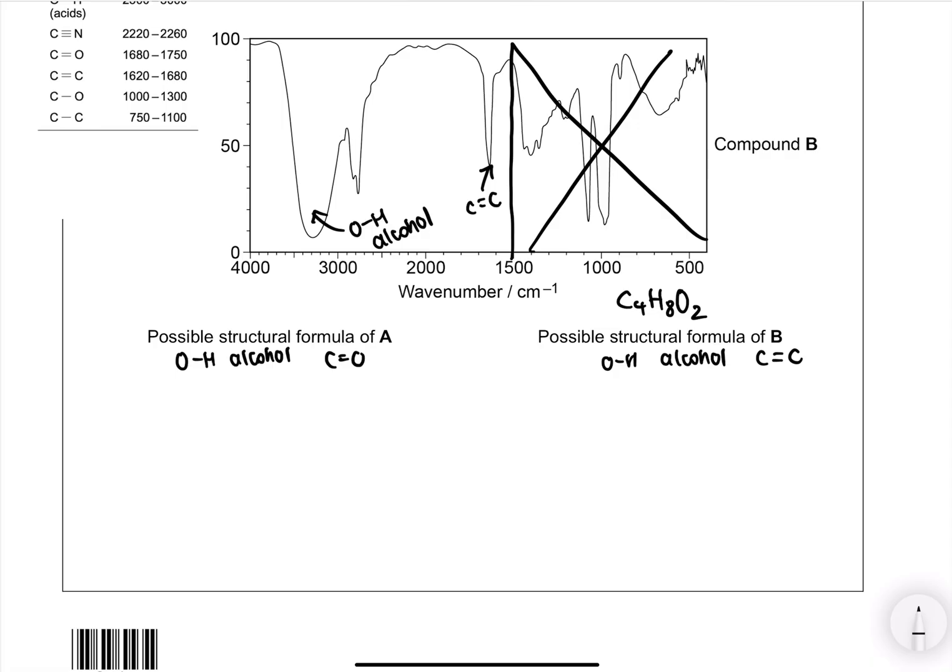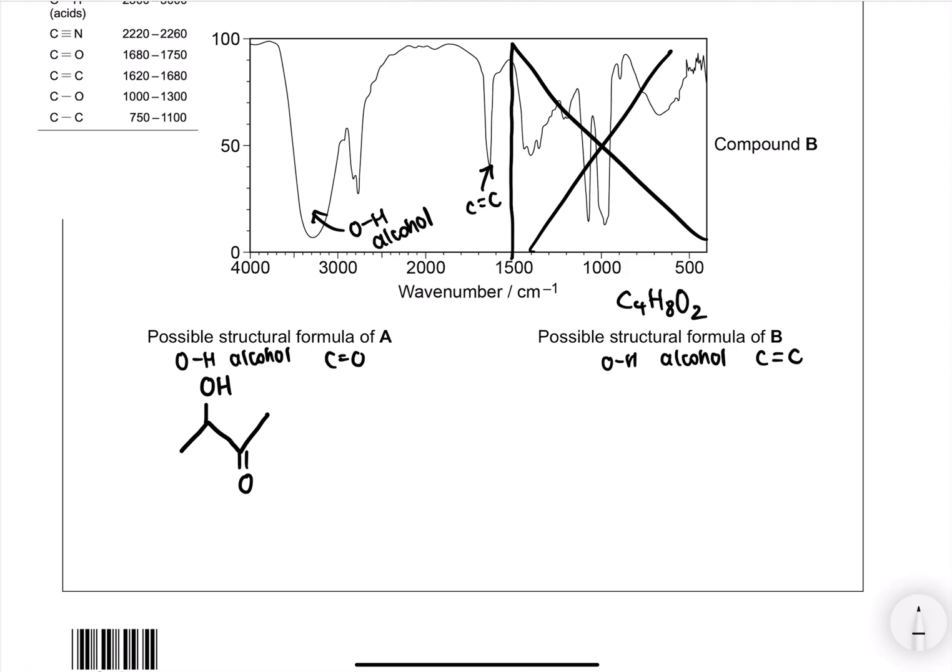So there's going to be an awful lot of possible right answers here. We've got 4 carbons, we could put a double bond O on and an OH, and it really doesn't matter where you put them as long as you don't do a carboxylic acid, because that would have a different OH peak. You can move these double bond O's and OHs around. So there's lots of right answers.